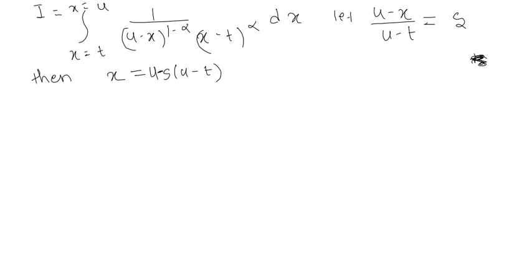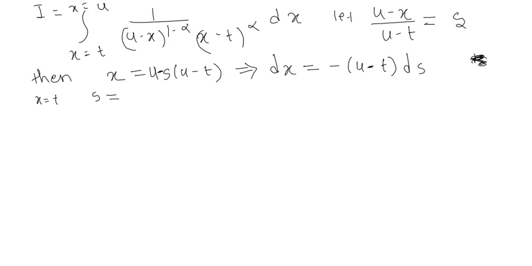So x will be equal to this, and that will imply that dx will be equal to minus (u minus t) into ds, okay. So these are the substitutions that I will make, but how will the limits change? When x is equal to t, s will become what?